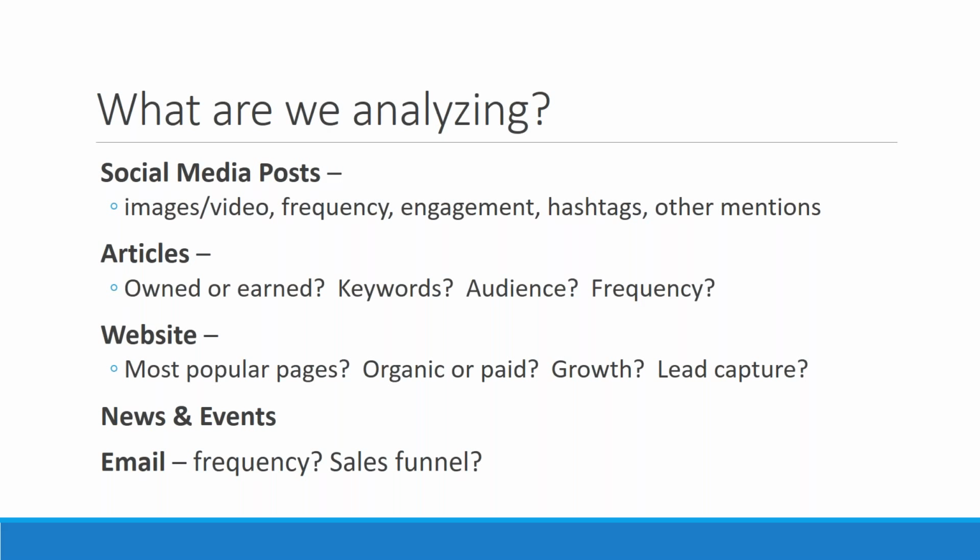Again, news and events, just tracking and seeing where they're being mentioned in the news, where they're popping up. And then whenever possible, it's great to be aware of how the competitor is utilizing email to communicate with potential customers, with their prospects, and how they're utilizing email in their sales funnel. What are they communicating with leads along the way as they try to turn people into either new customers or to nurture existing customers to make future sales?